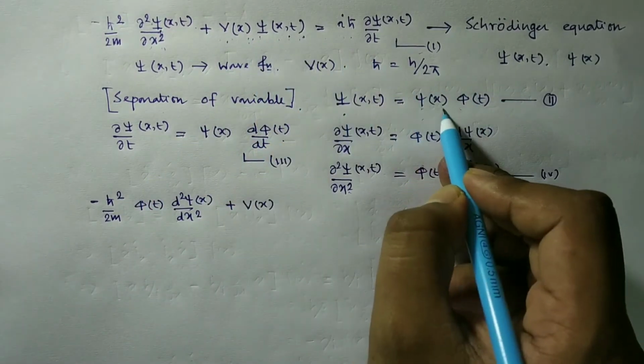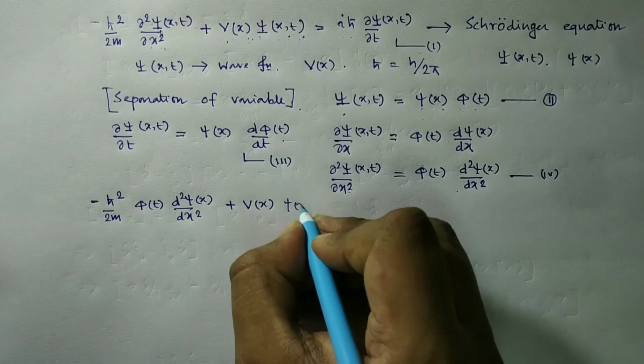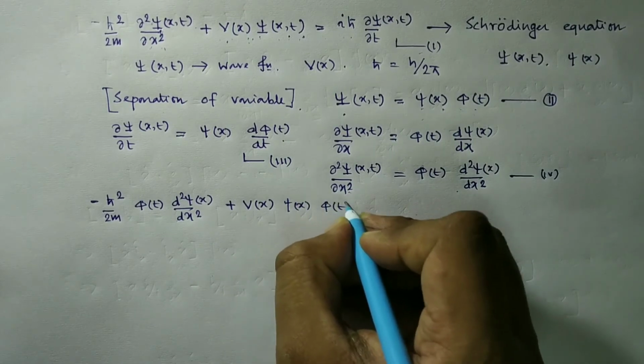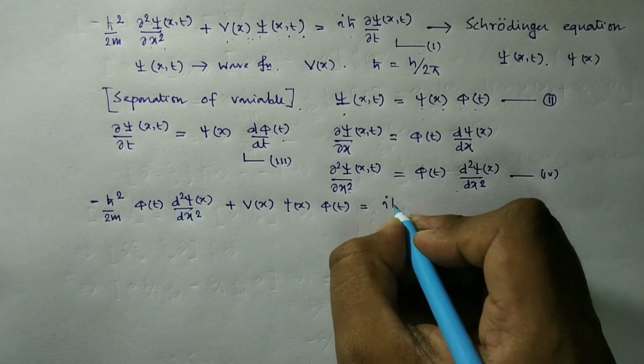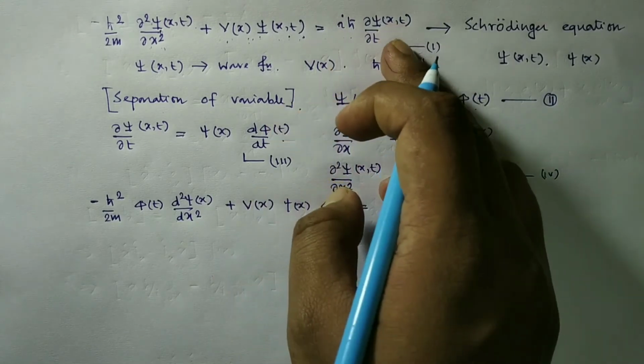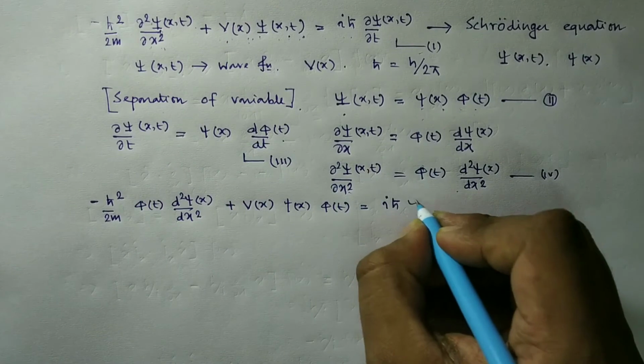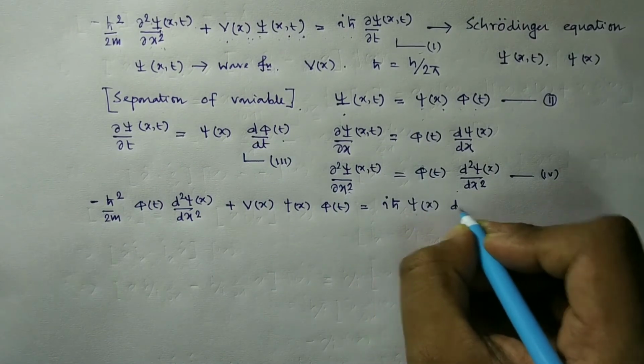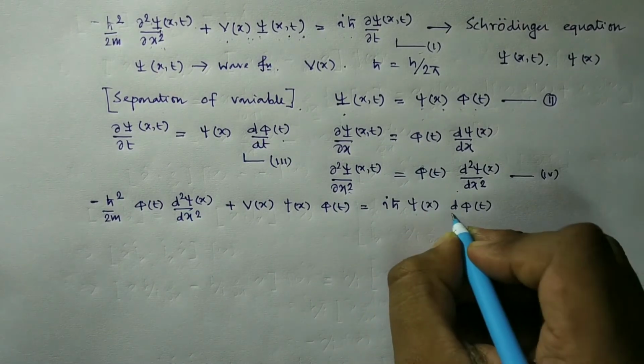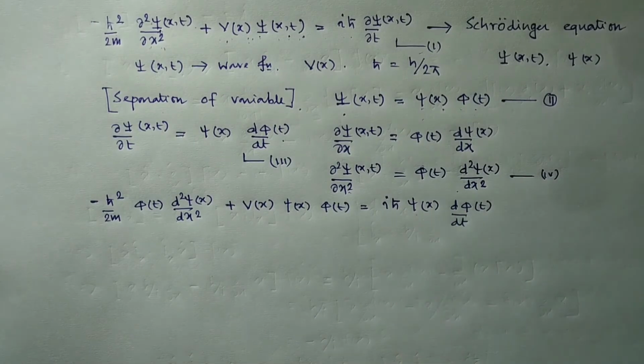It is ψ(x) into φ(t). This is equal to i ħ del/del t of Ψ(x,t). This is equal to, from number 3, ψ(x) dφ(t)/dt.